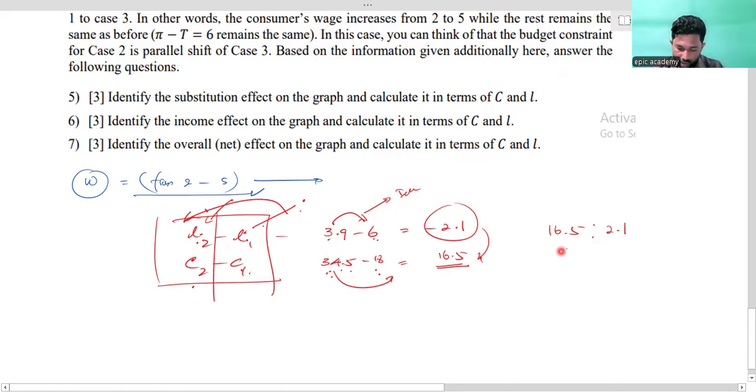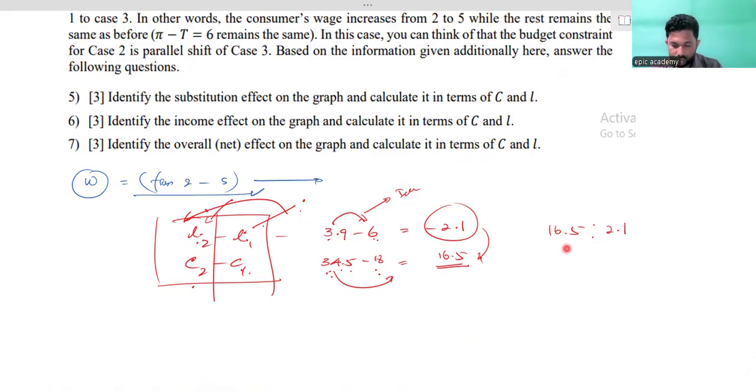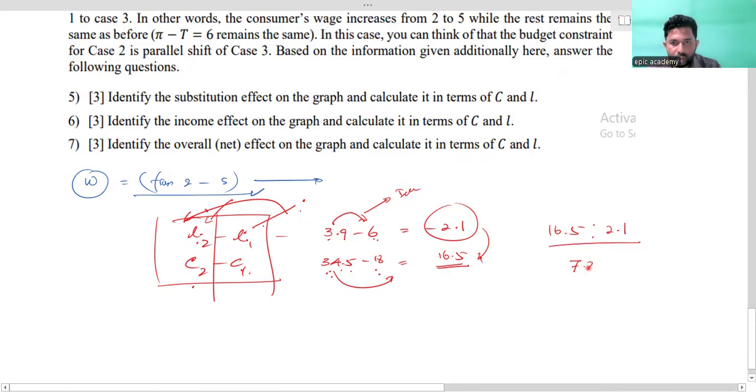That means 16.5 divided by 2.1, it is 7.8. 7.81 is the substitution effect or substitution value. Actually, it is no need to calculate this point. This one is necessary. Up to this point, you can calculate.